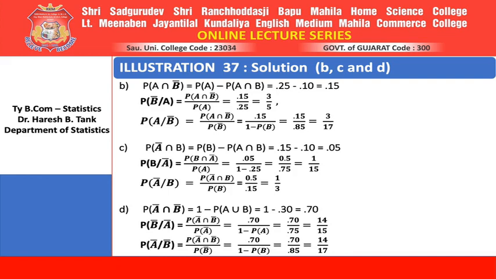Similarly, probability of A complement where it is given that B complement already occurred. By formula, it is probability of A complement intersection of B complement divided by probability of B complement. Probability of B complement is nothing but 1 minus probability of B. So 0.70 divided by 1 minus 0.15 comes to 0.85. So 0.70 divided by 0.85 comes to 14 by 17, and that becomes our ultimate answer. Let us have a few more examples.